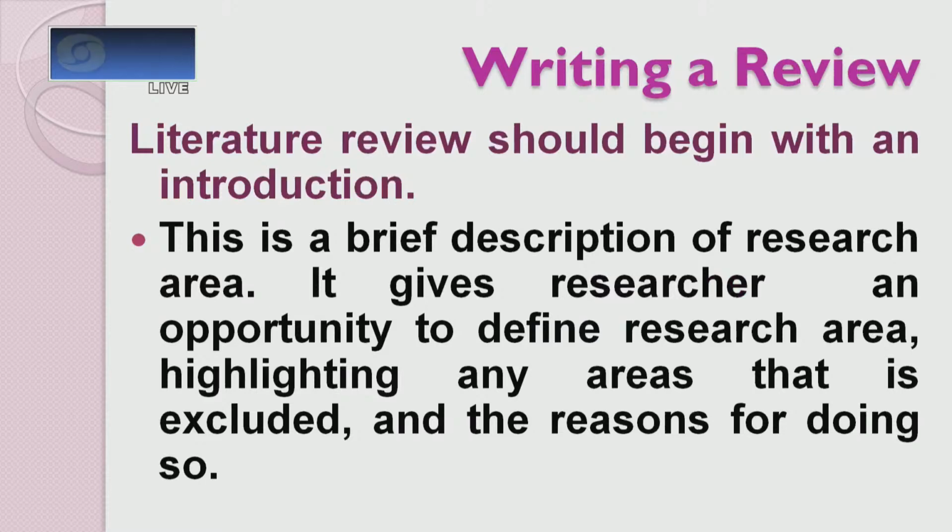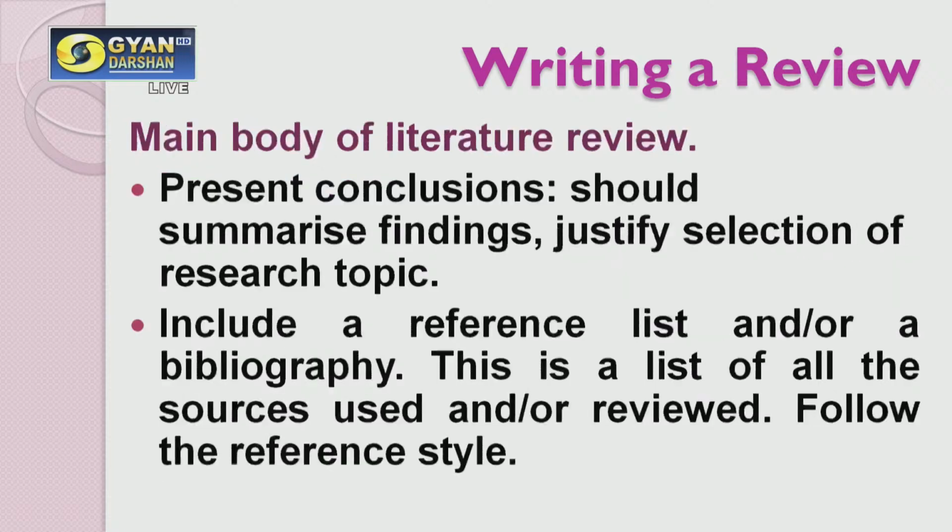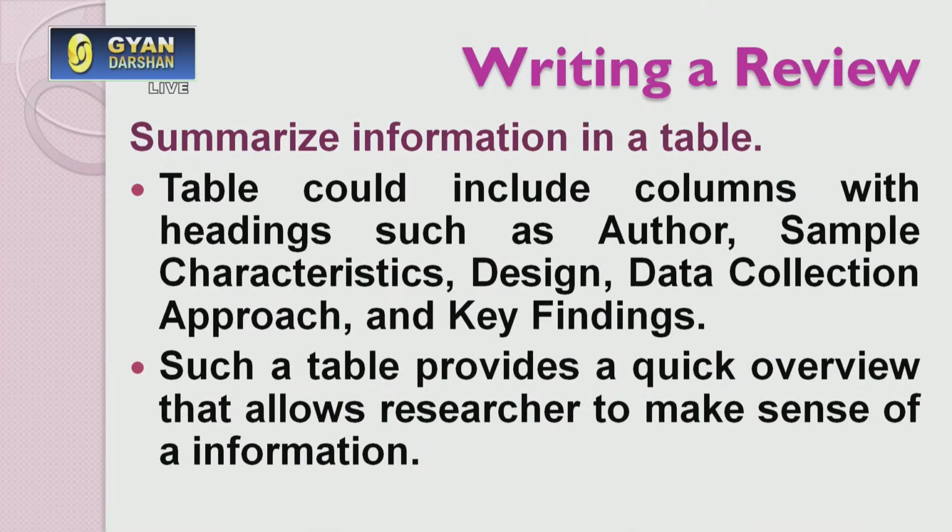How do you write a review? A literature review should begin with an introduction, which gives the introduction about the area and why you want to do it. The main body of the literature review covers the conclusions you find from these studies. Summarize the findings and include the reference list and the authors. Then you summarize it at the end.